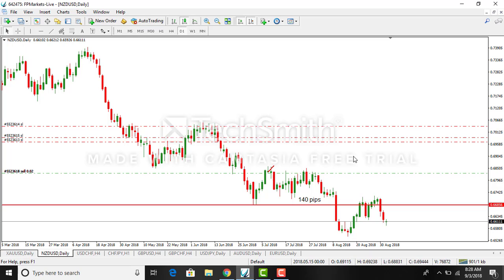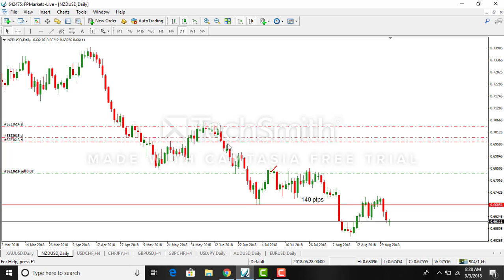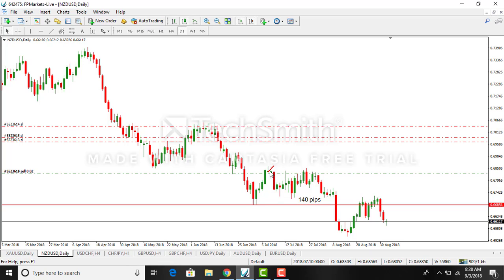And also, with my current trade that's open right now, the New Zealand USD, this red mark signifies where I had initially opened the trade, and my stop losses, I think they were around here.